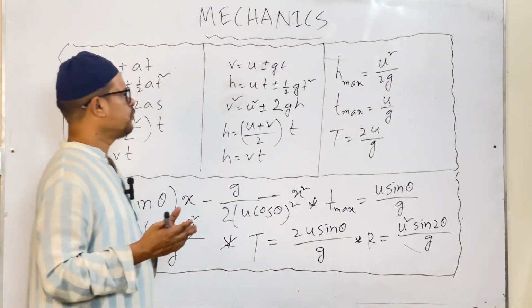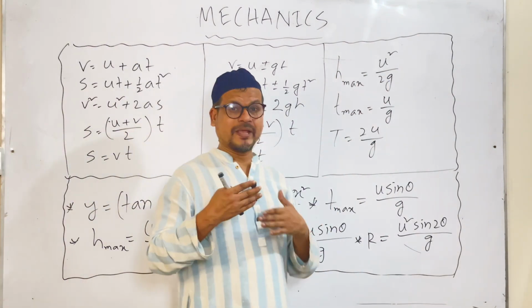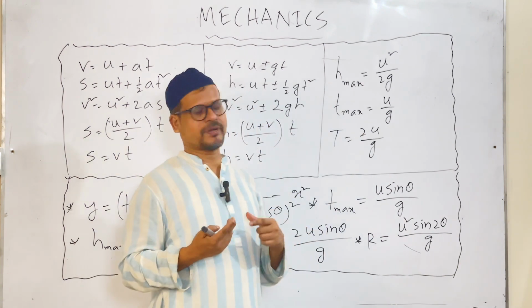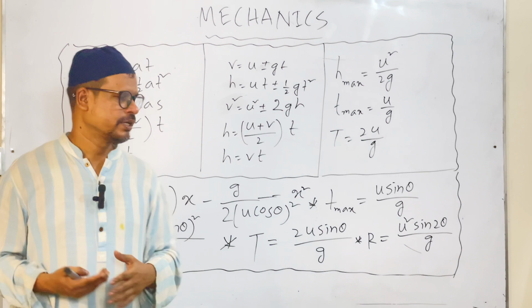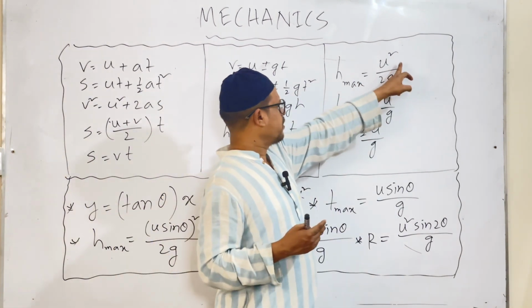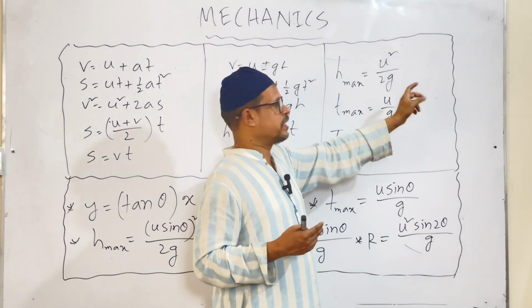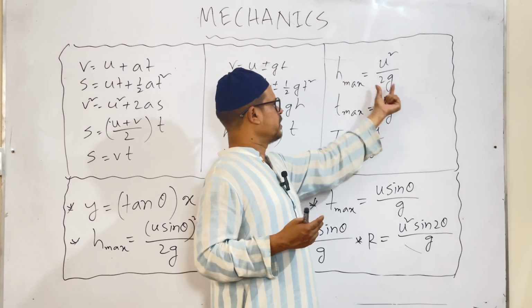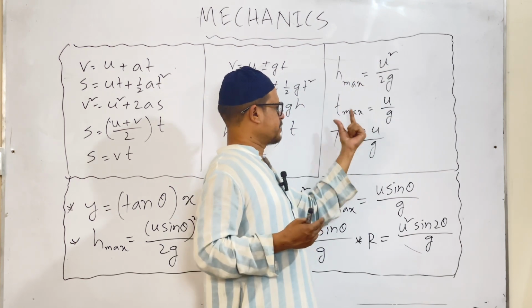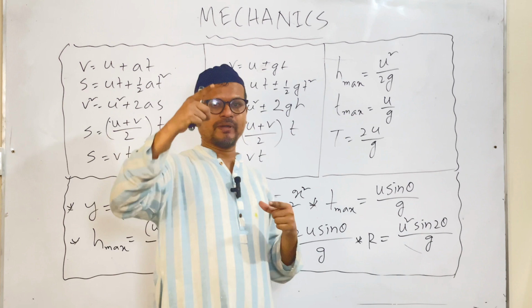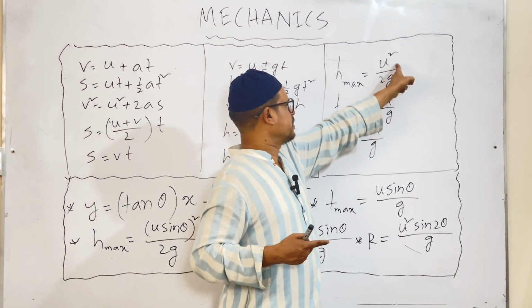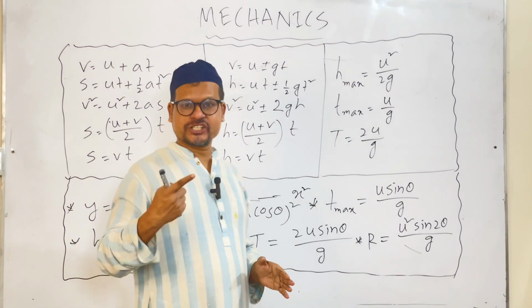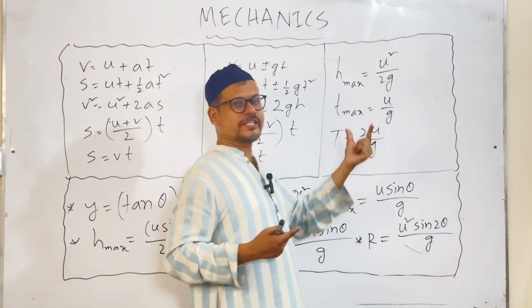Now if you throw anything upward, you may have to find the maximum height, and the maximum height formula is u square over 2g. Just remember u square in the numerator and 2g in the denominator. The required time to reach maximum height is u over g, where u is the initial velocity, g is acceleration due to gravity, and h is the maximum height.